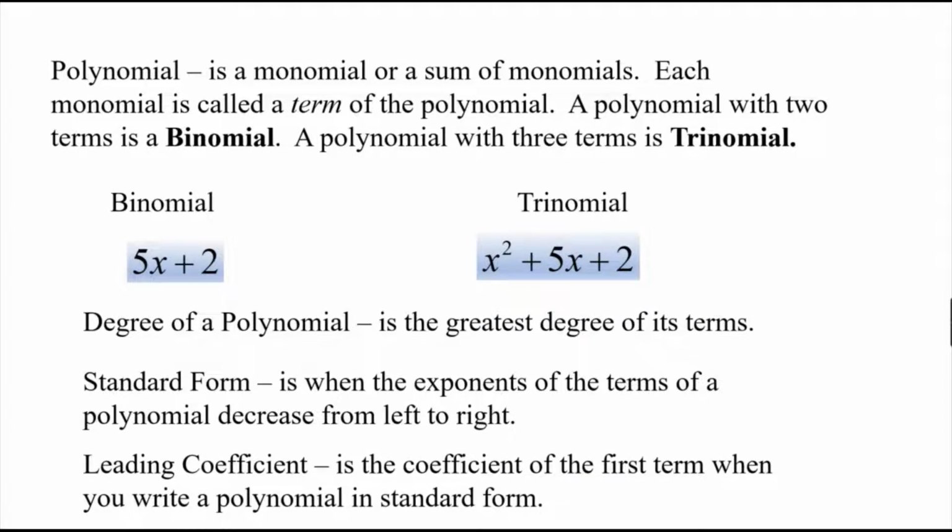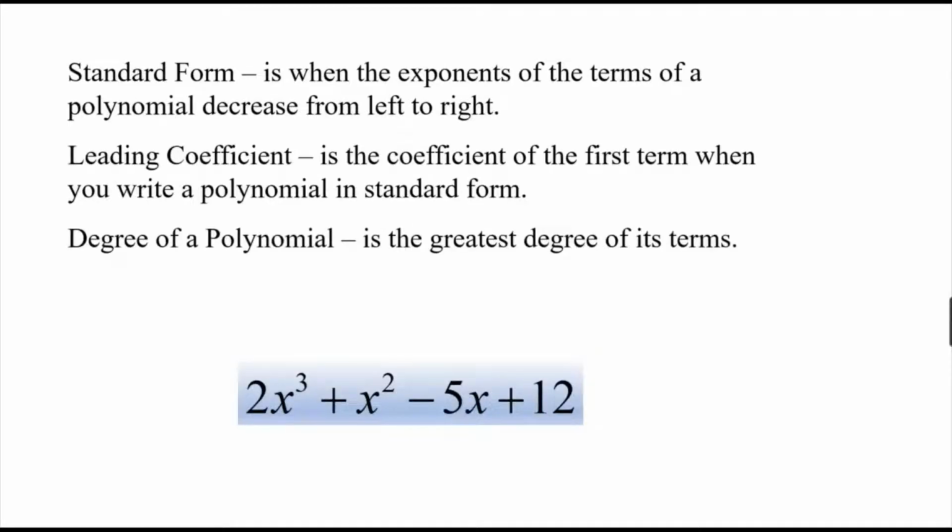With this, we can determine the leading coefficient, which is the coefficient of the first term when you write a polynomial in its standard form. Let's say, for example, we have 2x cubed plus x squared minus 5x plus 12. Observe, this is now in its standard form because the exponent of the variable x is decreasing from left to right, from cube to square to 1.